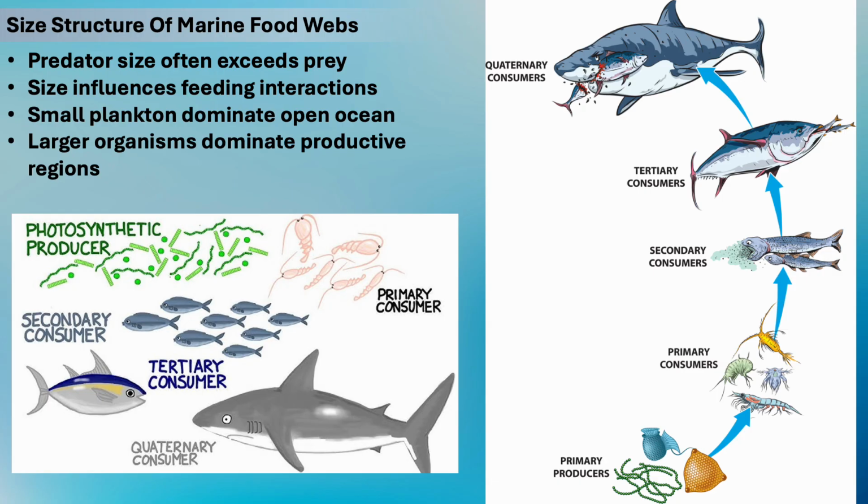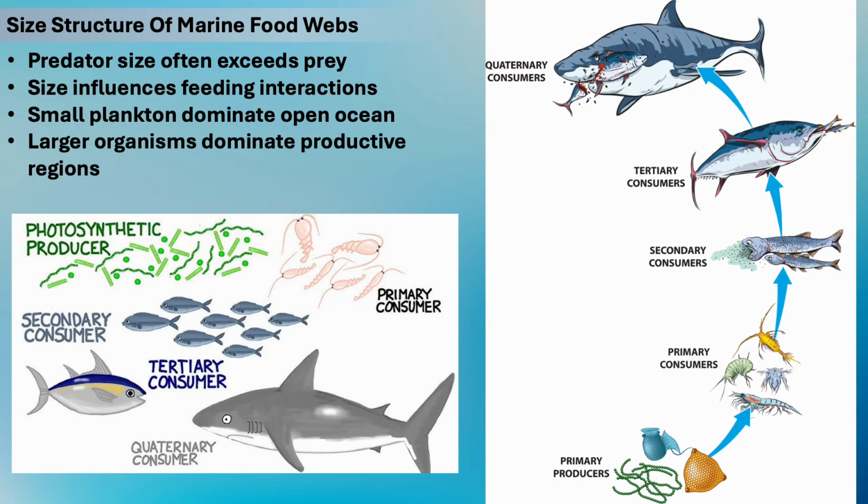An important characteristic of marine food webs is the relationship between the size of organisms and their position within the food web. In many marine ecosystems, predators tend to be larger than the organisms they consume. As a result, energy often moves through the ecosystem along a gradient of increasing body size.